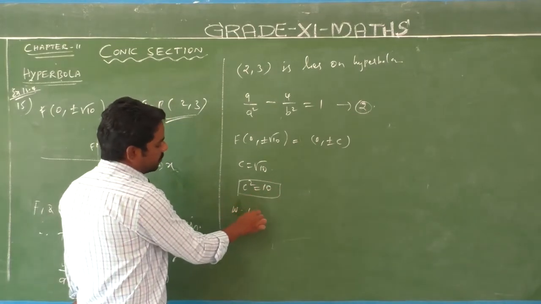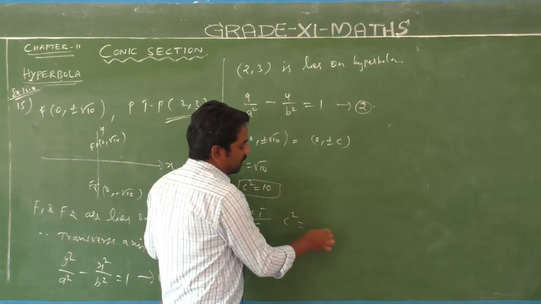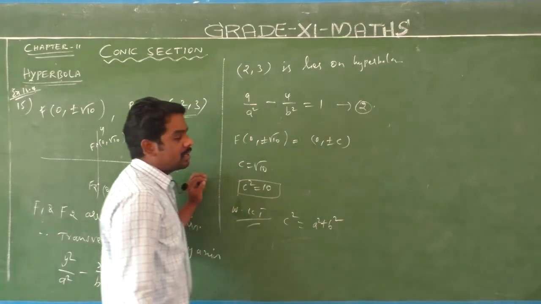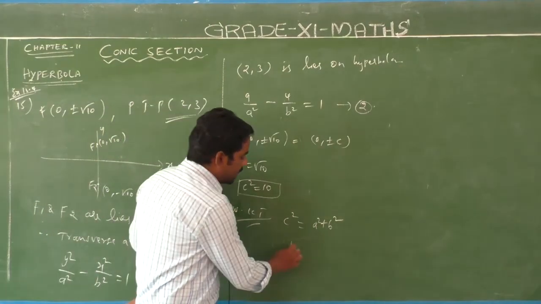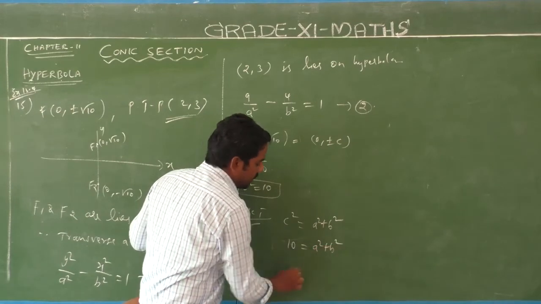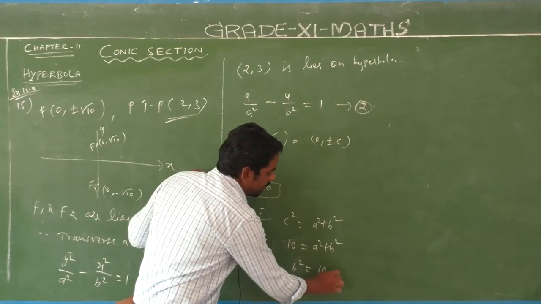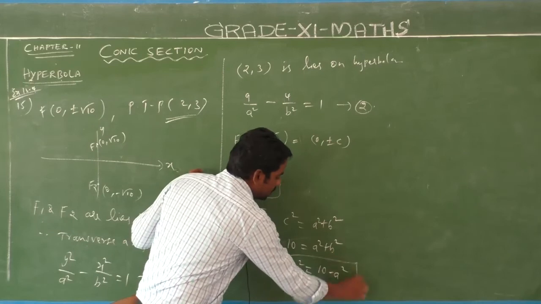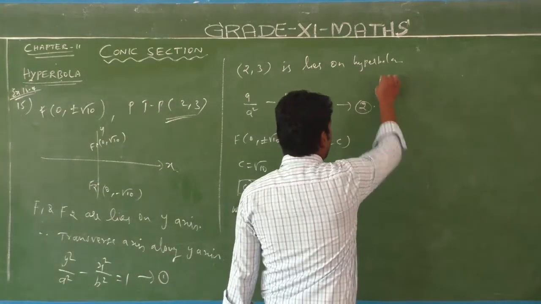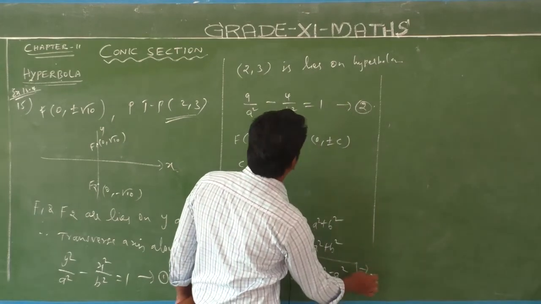We know that c squared equals a squared plus b squared. Then 10 equals a squared plus b squared, so b squared is equal to 10 minus a squared. This is equation number 3.